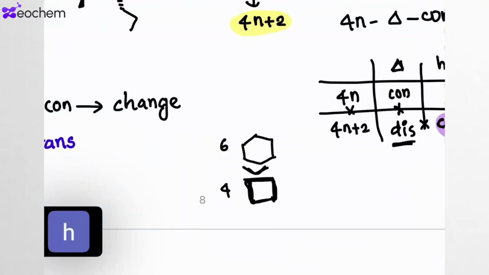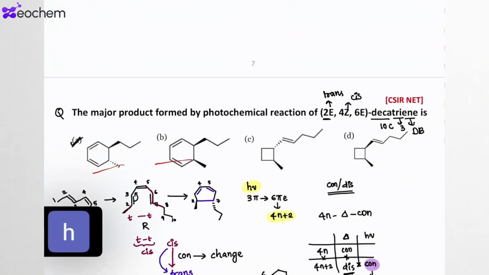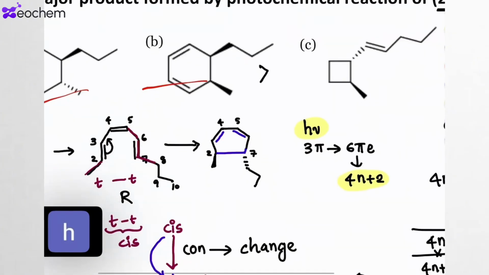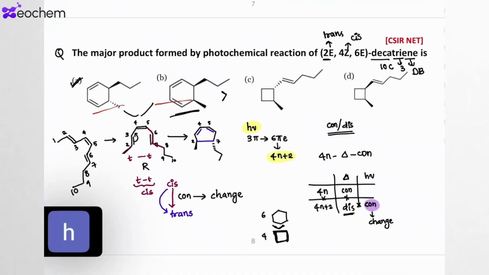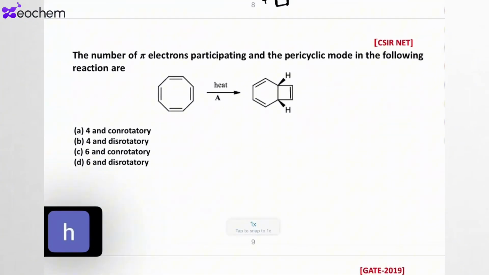So if a scenario arises where you need to determine whether 6 carbon or 4 carbon is forming a cyclic product, you just think that 6 is always more stable than 4. So this will form. And from these two, we determine through all the selection rules that A is the major product. Okay. Now we'll look at one more example and we'll wind up the class.